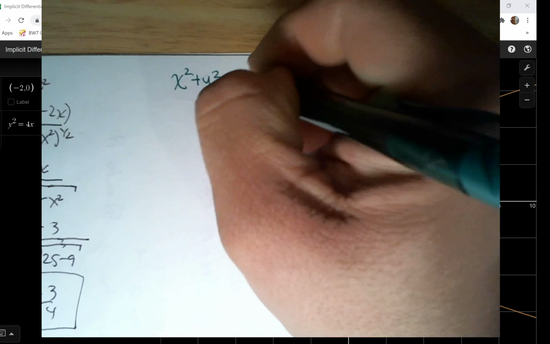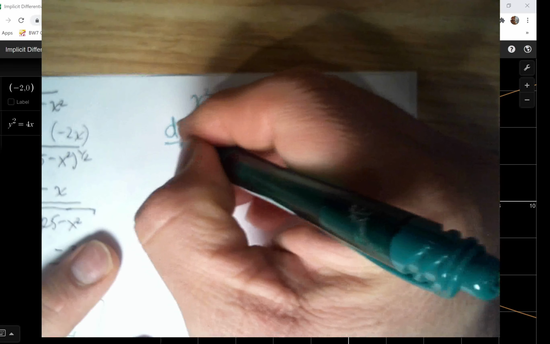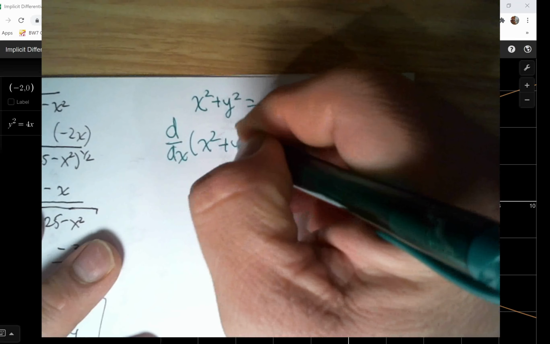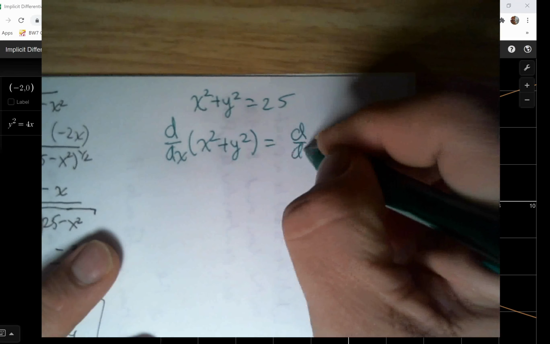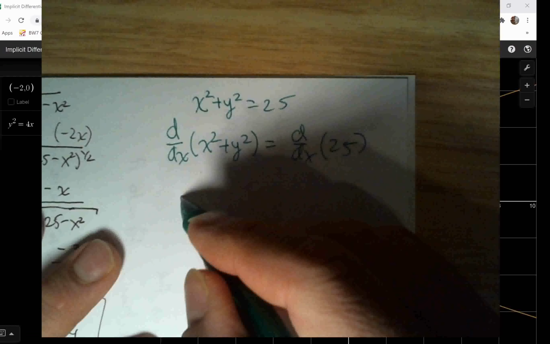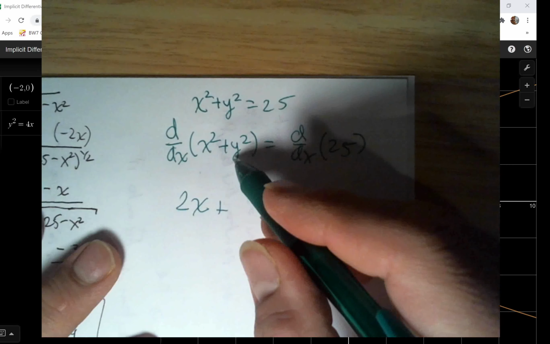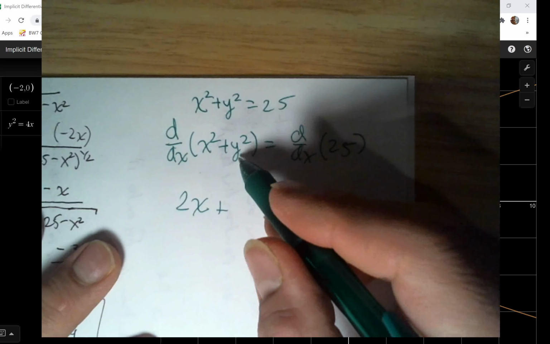instead of solving for y, I'm just going to jump right into it and take the derivative with respect to x of both sides. So this one is 2x, the independent variable. The sum rule, so we move on and take the derivative of this, and that's 2y.